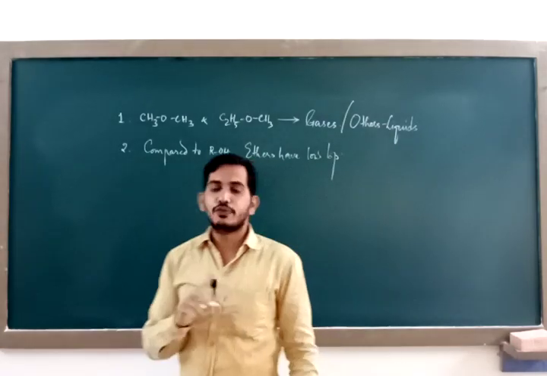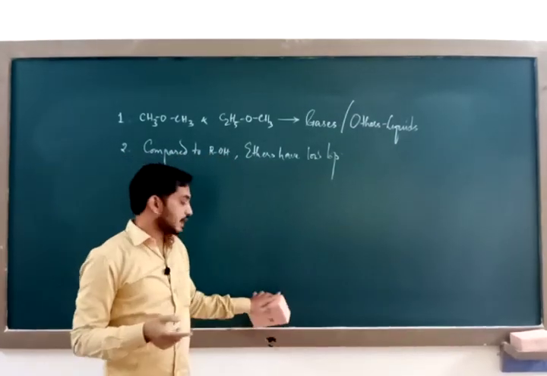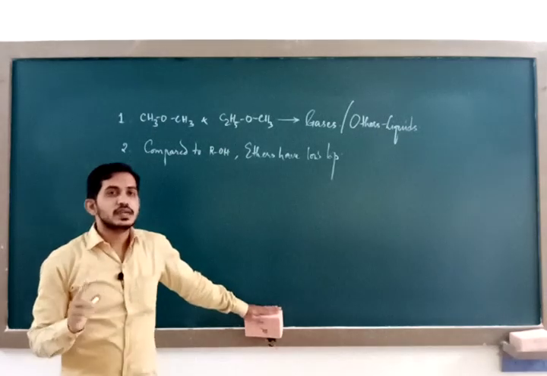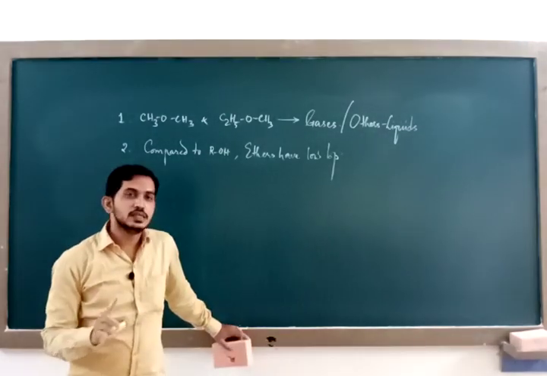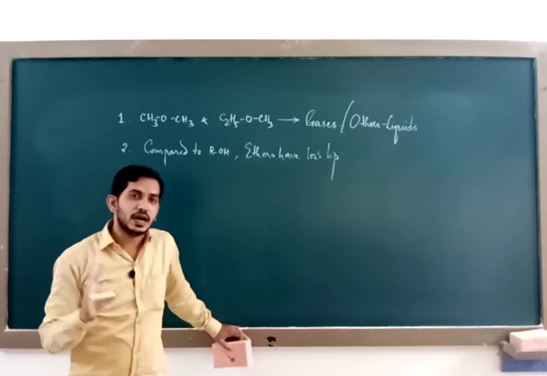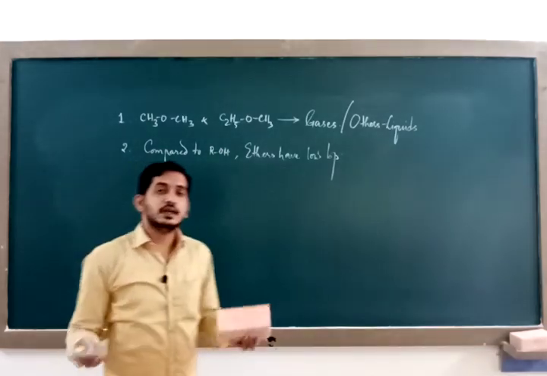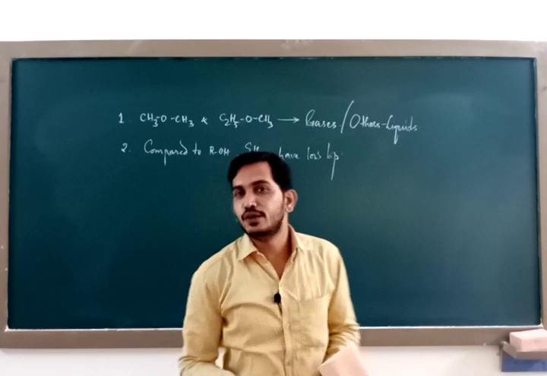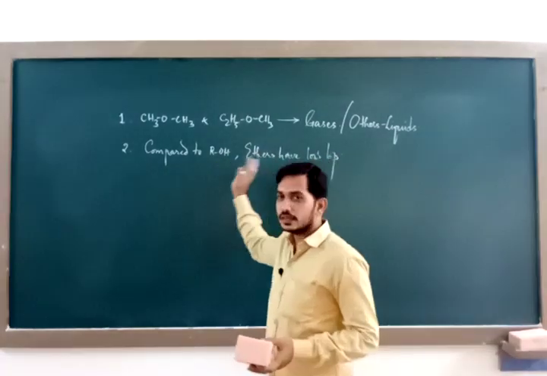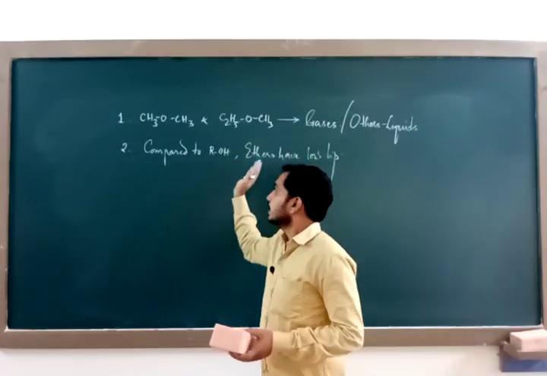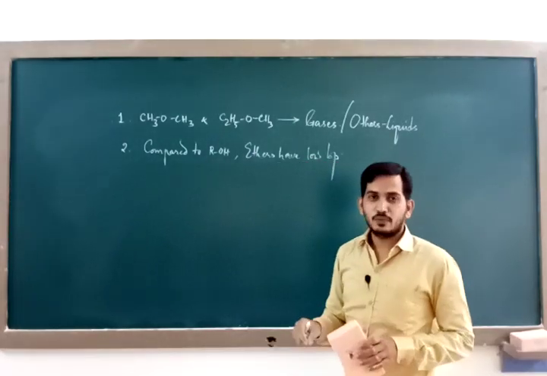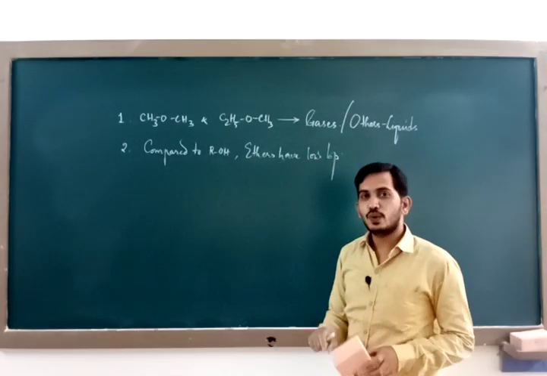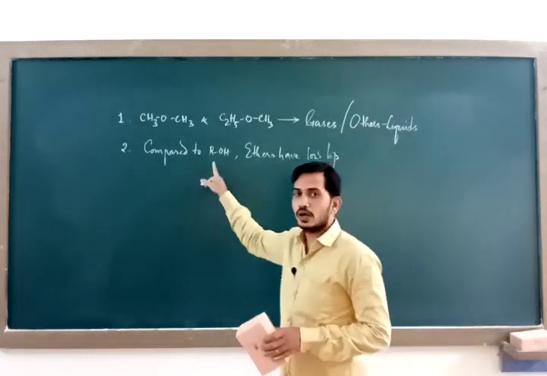Now if you have not forgotten, in the alcohols part, I did tell you that alcohols have higher boiling point compared to their hydrocarbons. The reason was intermolecular hydrogen bonding. Such intensive intermolecular hydrogen bonding is not seen in ethers. Therefore, ethers will have lower boiling point compared to alcohols.